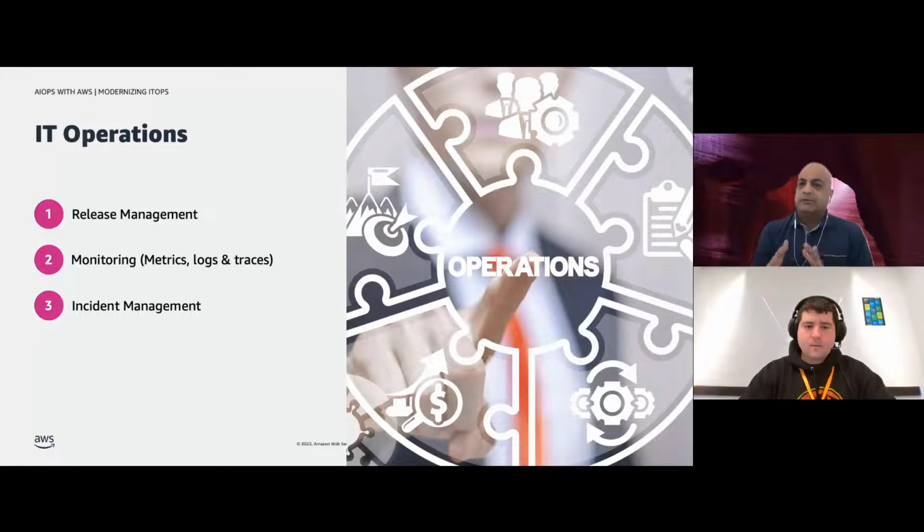Ticketing systems, incident workflows, there's talk of uptimes, SLAs, SLOs, COEs or correction of errors, root cause analysis, all can be grouped into that incident management category. For our discussion today, we'll focus on monitoring when it comes to IT operations and speak about solutions that AWS offers to implement AIOps for monitoring your resources and infrastructure in the cloud.